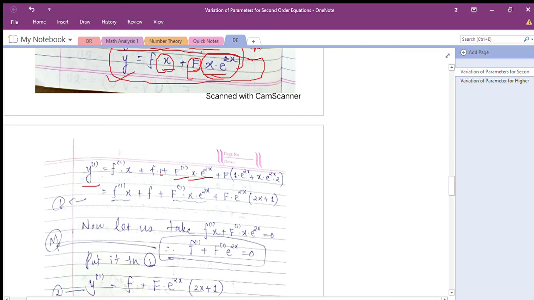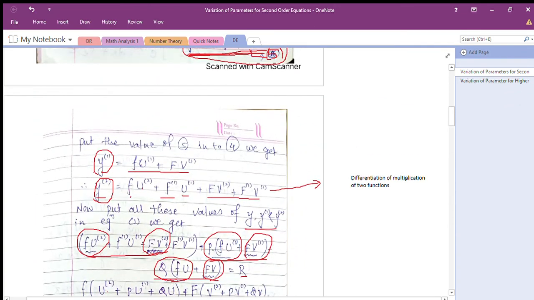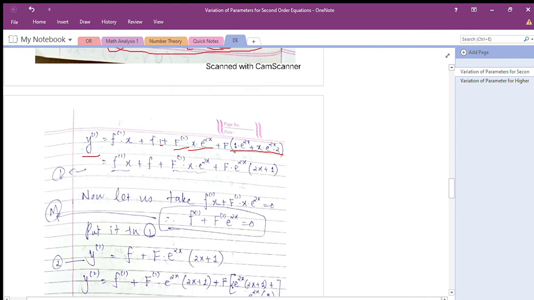It is the multiplication of two functions, so you have to differentiate it using the differentiation rule of multiplication of two functions. This is the derivative of multiplication of two functions, and after simplification you will get something like this. Call it number 1.